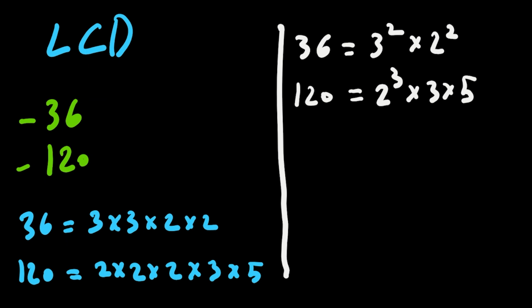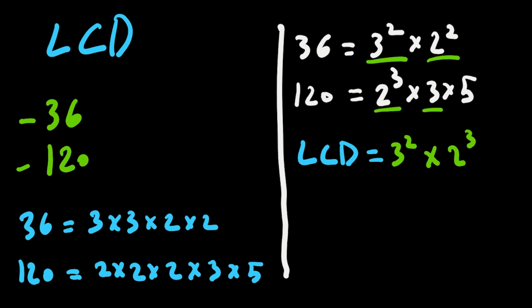So these are the two values that we have. The LCD is nothing but taking the numbers with the higher power. Here we have 3 to the power 2 and here 3 to the power 1, so we'll take 3 to the power 2. Here we have 2 to the power 2 and here 2 to the power 3, so we'll take 2 to the power 3.